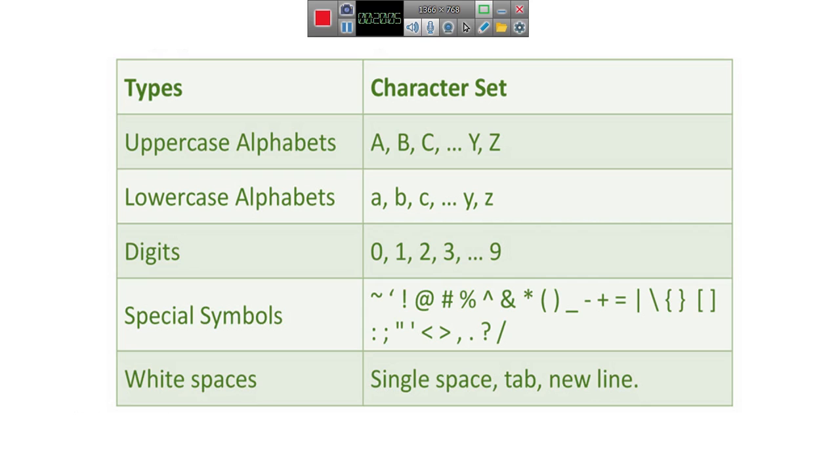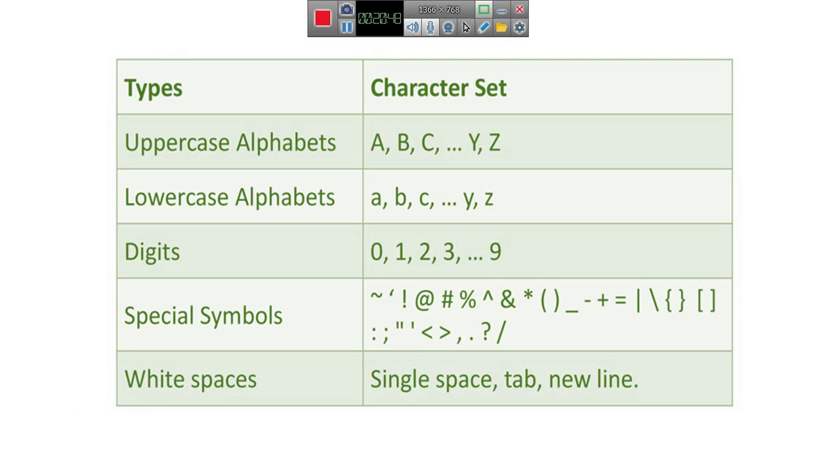It means that we use capital letters A to Z, lowercase letters, that is also A to Z, and digits 0, 1, 2, 3 up to 9, and the special symbols and white spaces. All these constitute a character set.